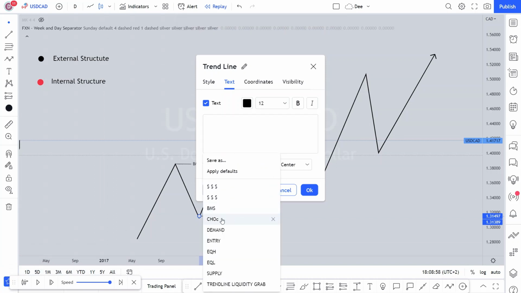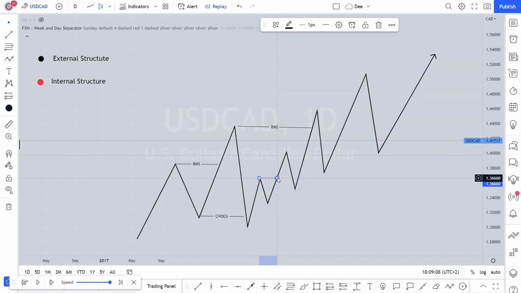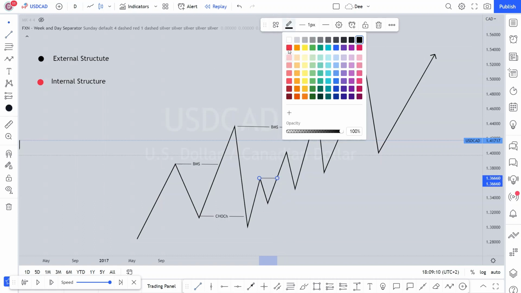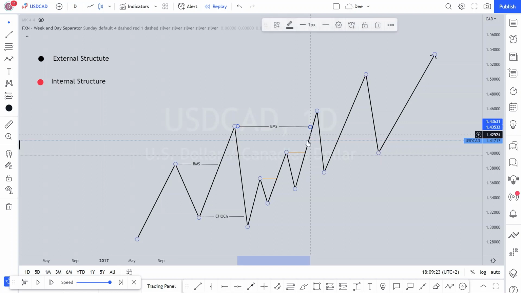Inside here, we have a break of structure and another break of structure, and these are occurring inside this external structure. So these are internal breaks of structure. They mainly happen most of the time on the lower time frame.